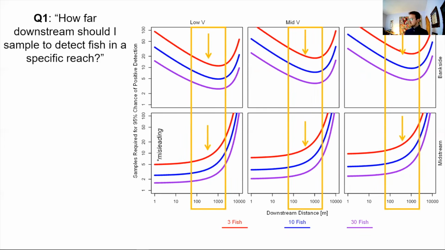And our work says that there's a sweet spot, again, roughly from 100 to 1,000 meters downstream, where whether you're midstream and catch the plume or bankside and maybe missing the plume, you're going to have roughly equal chances of detecting the fish and need relatively few samples to do so.